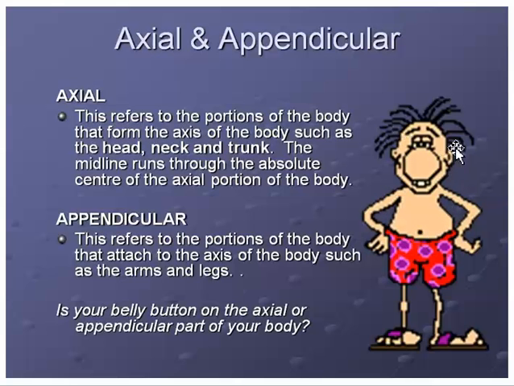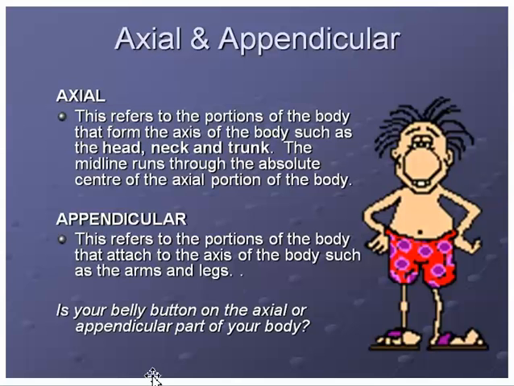If we could draw a rectangle, this is the axial skeleton all the way down the middle here. We then have another skeleton which we call the appendicular. Appendicular refers to the arms and the legs. So axial refers to the body. Appendicular refers to the arms and legs.